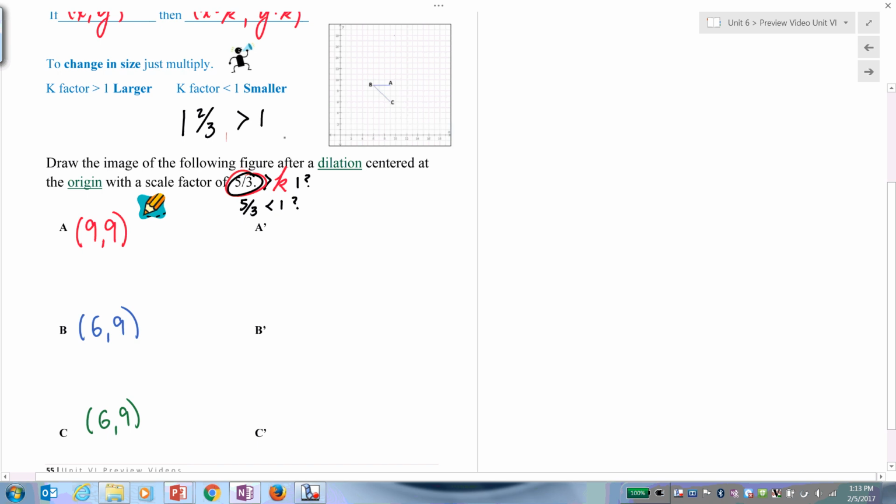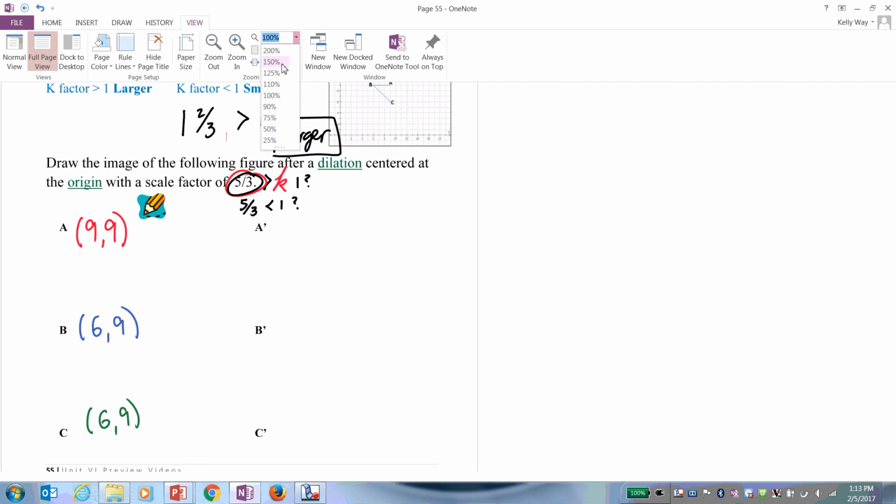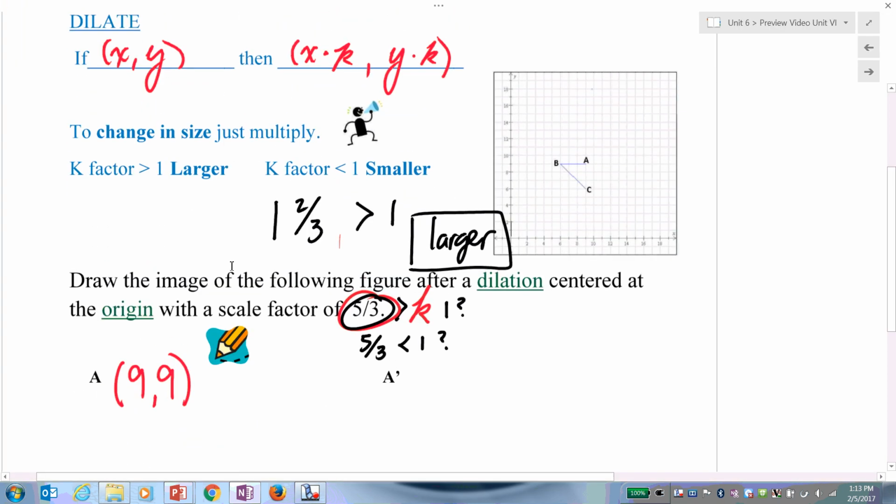So we are going to make a larger image here. When we dilate, we're going to dilate larger. So for each of these, we simply multiply by 5/3. We're going to do this every single time.